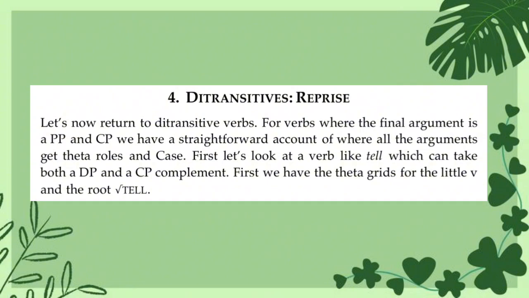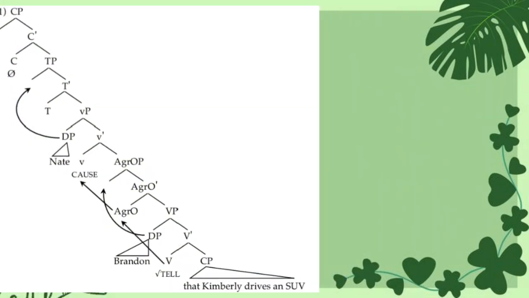First, we have the theta grids for the little v and the root tell. Given a sentence like, Nate told Brandon that Kimberly drove an SUV, we have a D-structure tree as in 21, leaving aside the details of tense inflection. So here's the illustration of number 21.